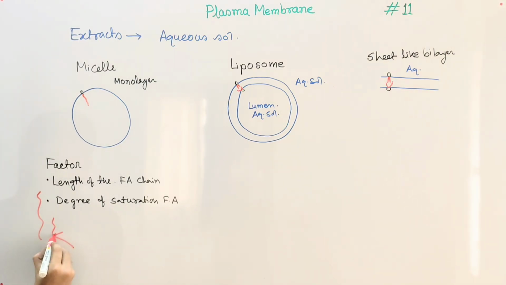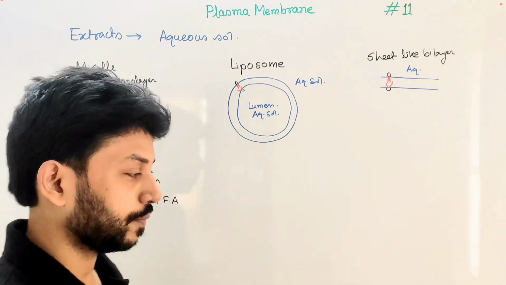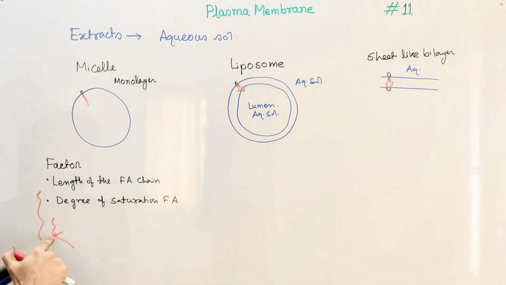So if there is any carbon-carbon double bond, the fatty acid has a bent or kink-like structure. Where there is a carbon-carbon double bond, let's suppose here is a carbon-carbon double bond, then there will be a kink. So degree of saturation is important. Another important factor is temperature.